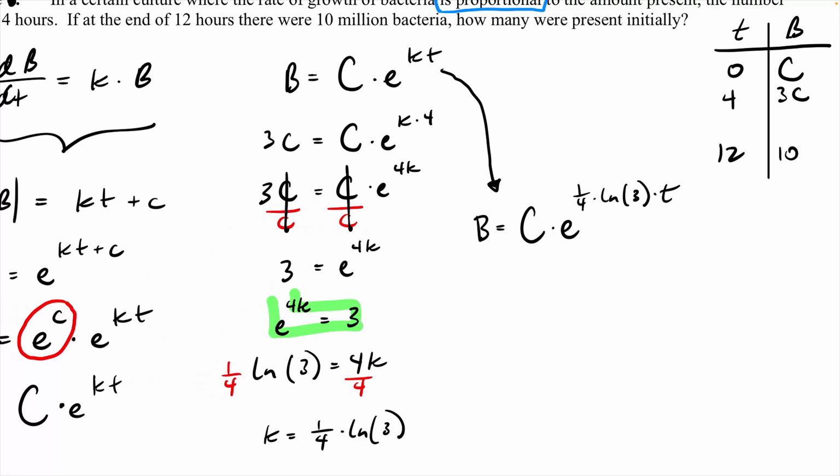What do I do next? I know time and B, right? 12 is time. B is 10. Are there any variables left?